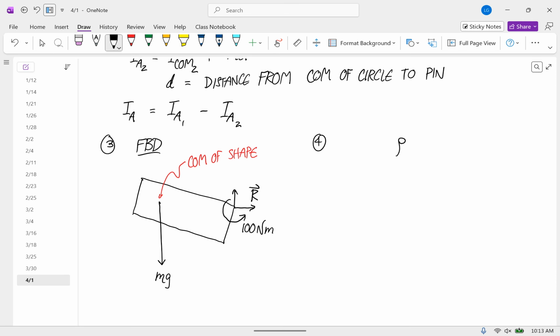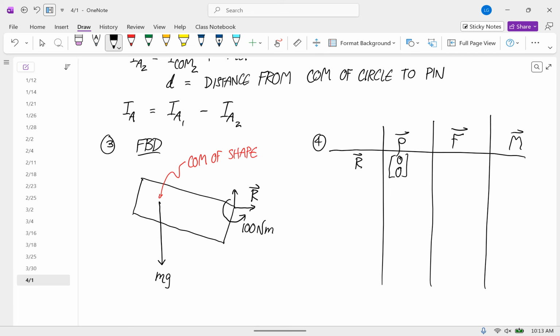And then you do your table. For the R vector, rho is 0. The force is Rx, Ry. Cross product is 0.